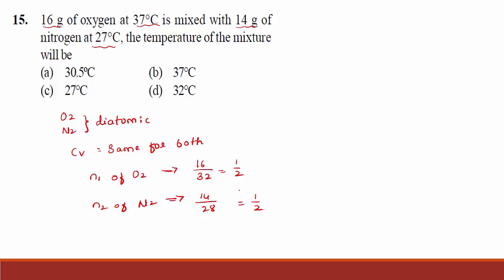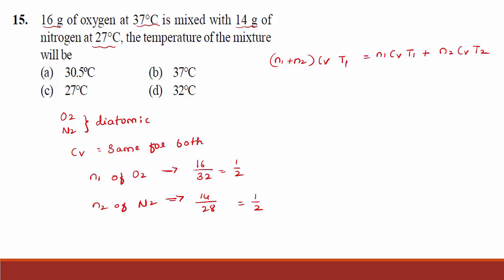For the temperature of the mixture, we can write the formula (N1 plus N2) Cv Tf is equal to N1 Cv T1 plus N2 Cv T2.